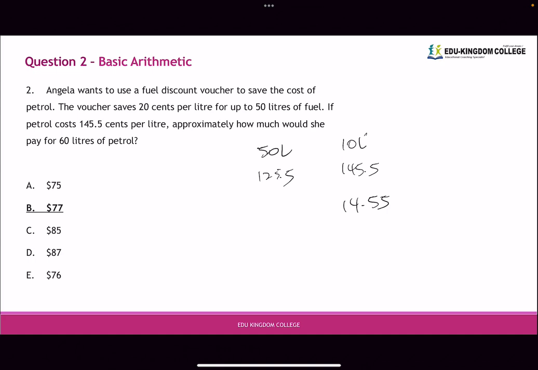So 125.5 times 100 is going to be $125.50, and then divided by 2 is going to give you $62.75. Add these two together, and you should get something really close to 77, just over 77.